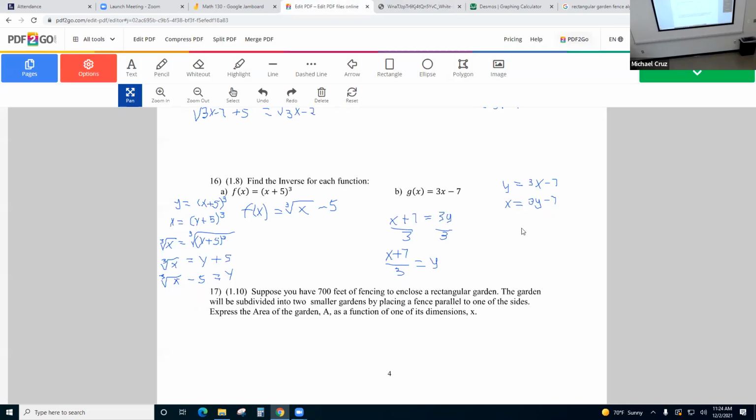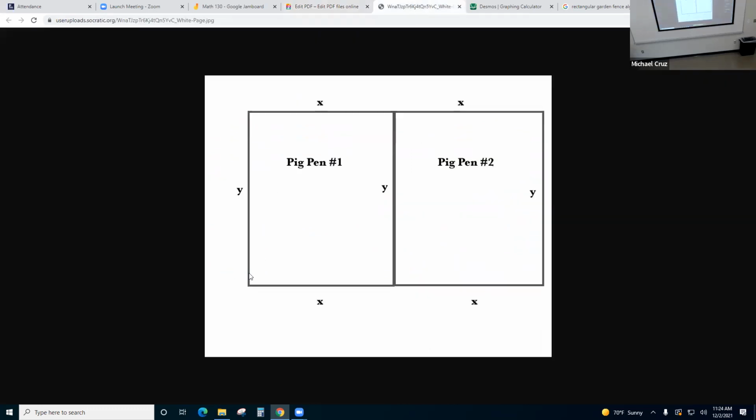So let's see how we can fix this. Express the area of the garden A as a function of one of its dimensions. All right, so let's just see what we can do. So we got 3y, because we're talking about perimeter. 3y plus 2x, right? 3y plus 2x.